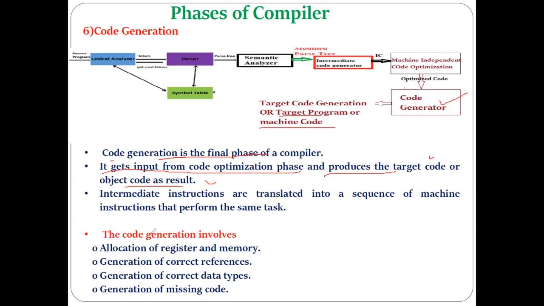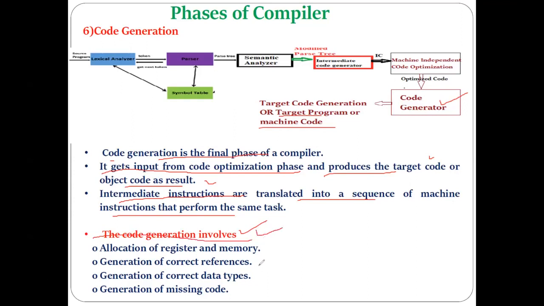So the intermediate code is translated into a sequence of machine instructions. Whatever intermediate code is there, in optimized form, will be converted into machine instruction format. Now, which activities have to be performed by the code generator in the code generation phase?